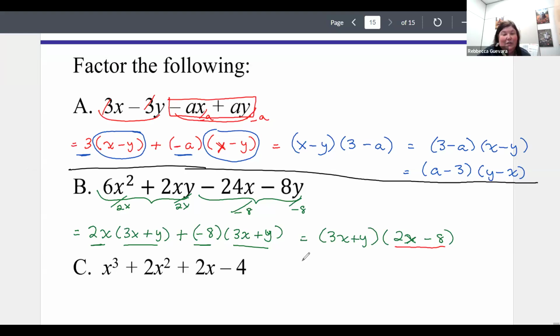This is actually 3x plus y times, I could pull out a 2x minus 4. And we'd probably write that 2 out front. So we would just say 3x plus y times x minus 4. So sometimes we could just factor a little further.